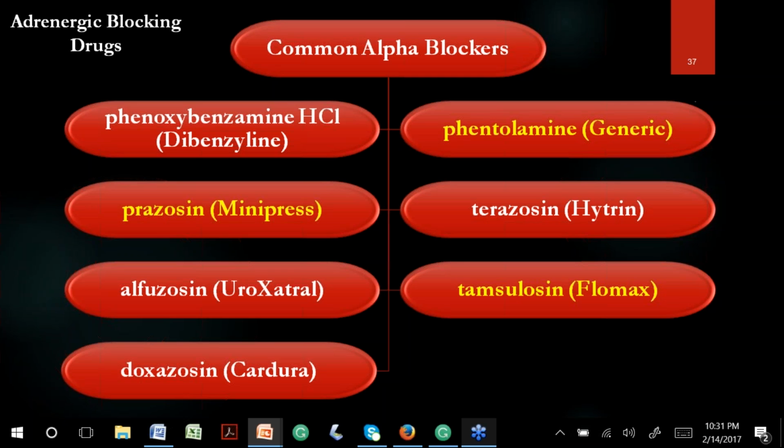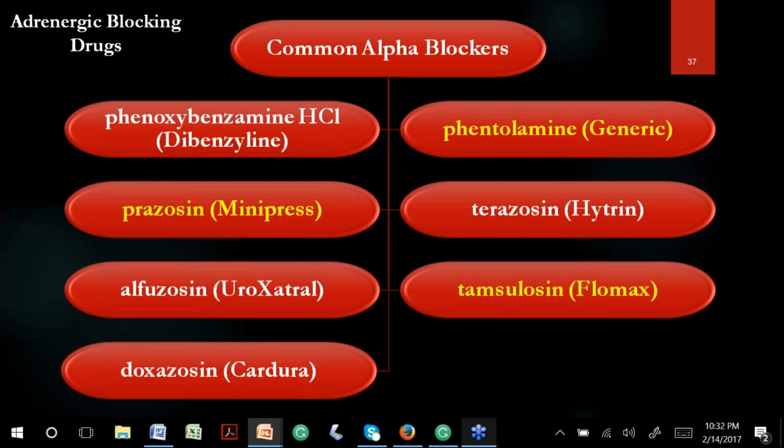It's the opposite, right, of the agonist. All right, so the main use for alpha blockers is going to be hypertension. Second, they produce vasodilation, right? Why? Because they mostly work at the level of the smooth muscle of the vessels.